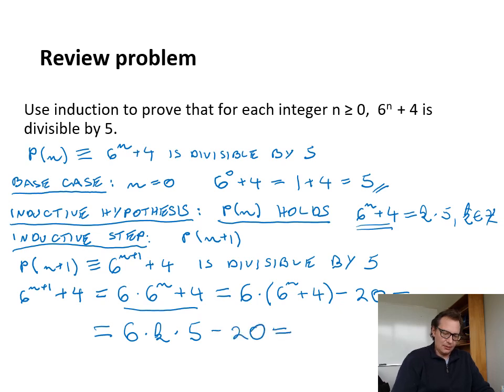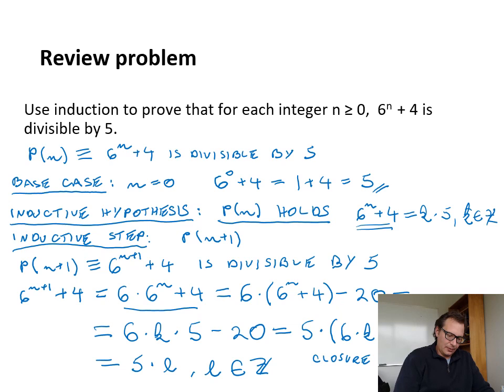And that is then equal to 5 times (6k minus 4). And that is equal to 5 times L, where L is an element of Z, because of closure of multiplication and negation.